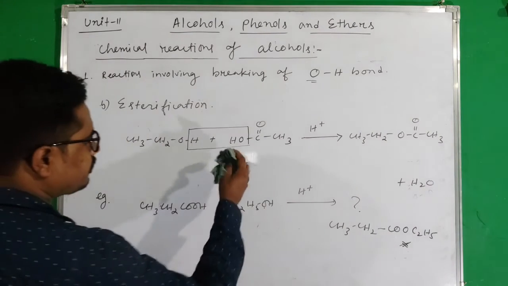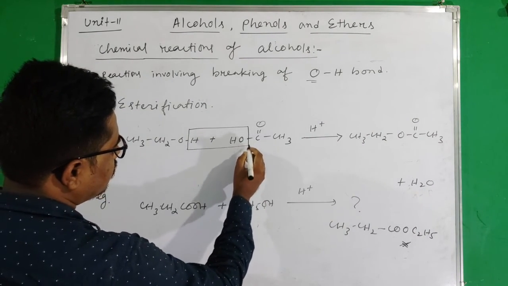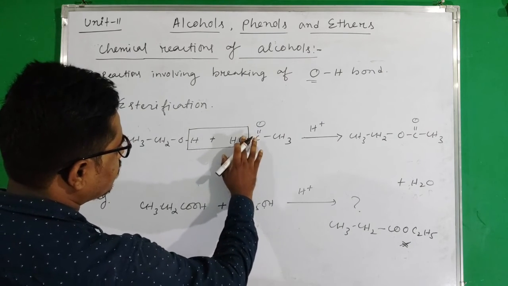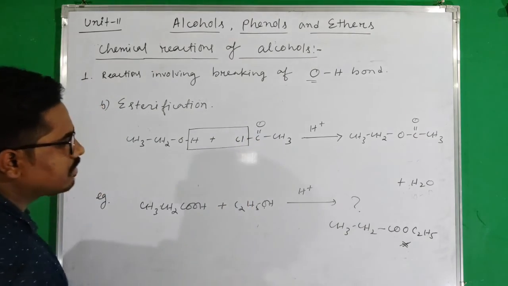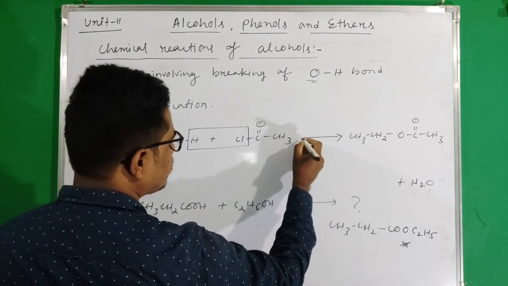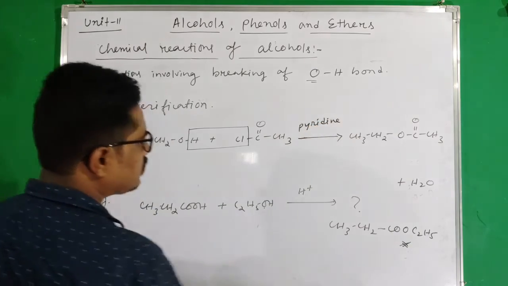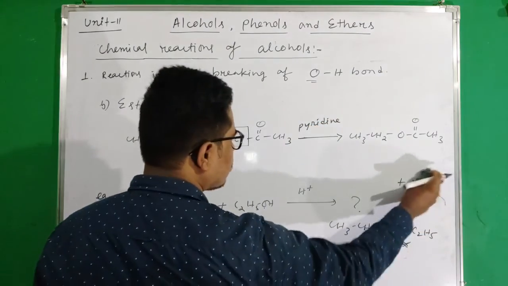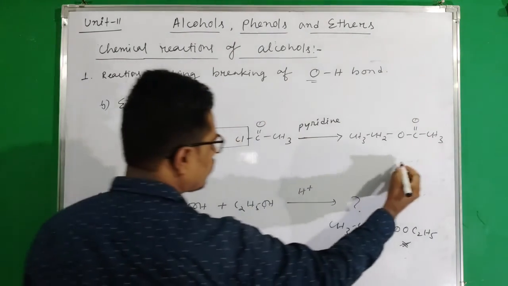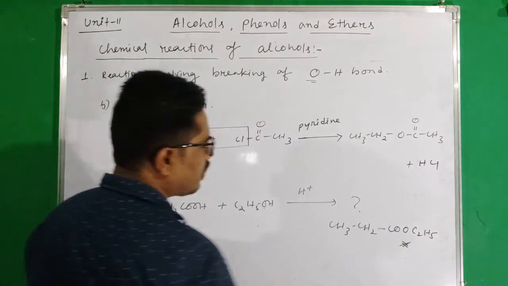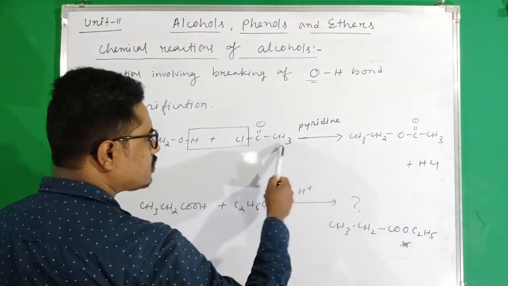And also remember that other than carboxylic acid we can also use acid chloride. But when acid chloride is used, then the side product is HCl, because this hydrogen will combine with chlorine to form HCl, and due to presence of this HCl the reaction will become reverse.